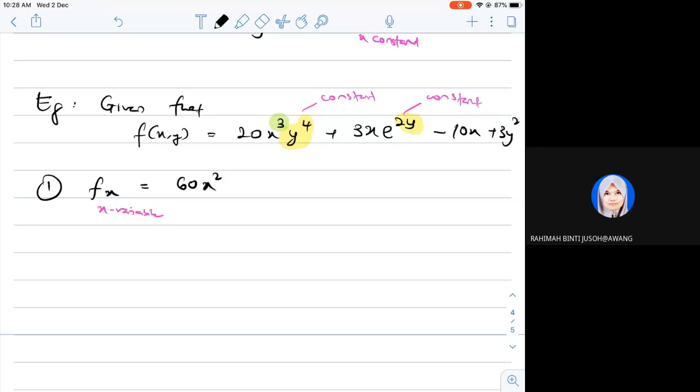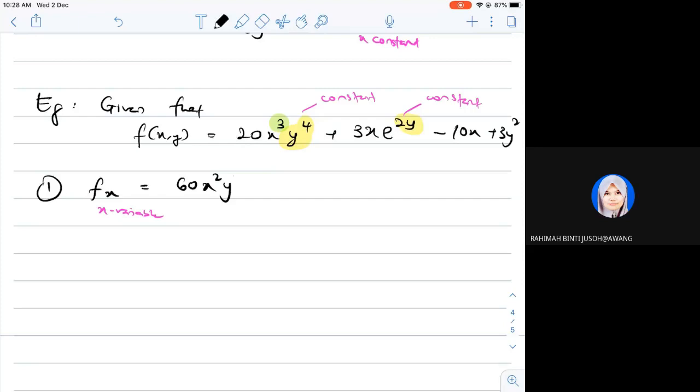Now y to the power of 4 is just a constant. You just assume it is like the number 20, so you just copy it down, y to the power of 4. Understand the first term? Good. Now plus, differentiate 3x exponent to y. Now what is the variable? 3x.